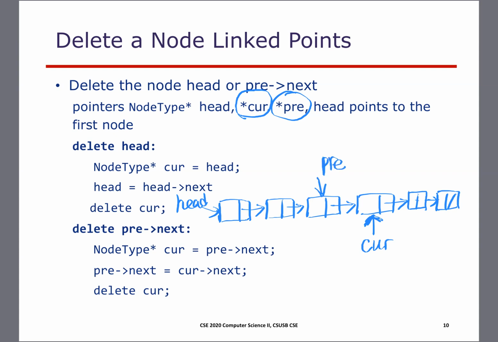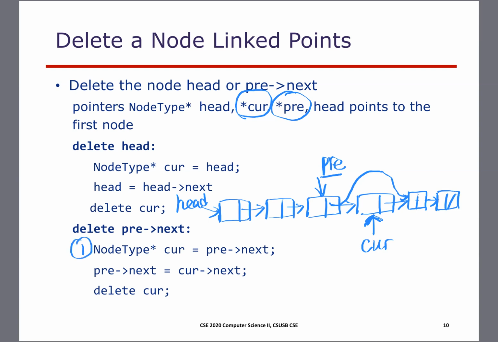The previous, PRE, is a pointer that points to the previous node. And then we set previous next equal to current next. We bypass the current node. And then we delete current.